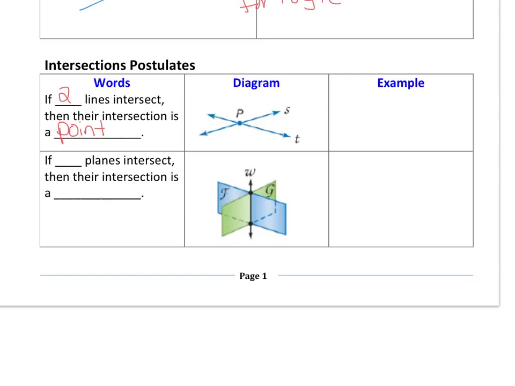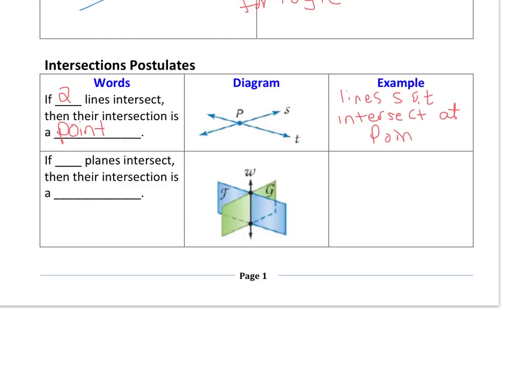An example here is that lines S and T intersect at point P. That's what we have in the diagram.